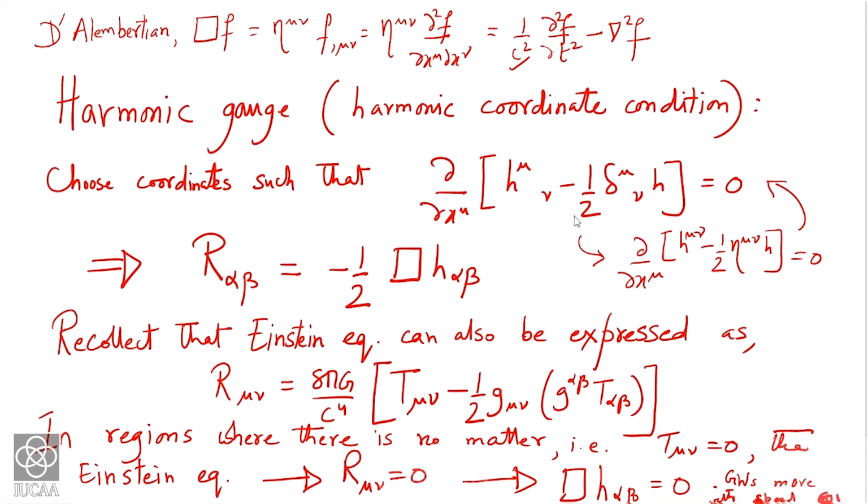This object h mu nu minus half eta mu nu h is called the traced reverse metric fluctuation. I will tell you why it is the trace reverse metric fluctuation.